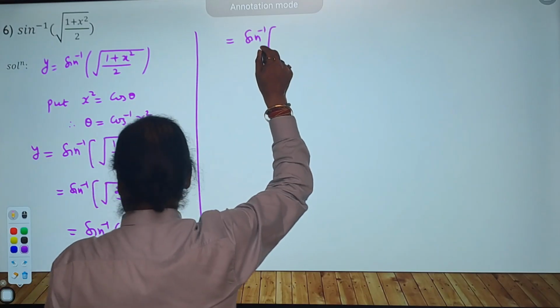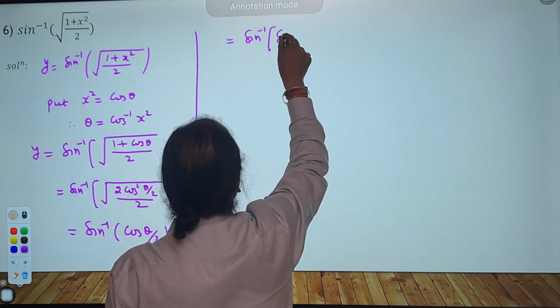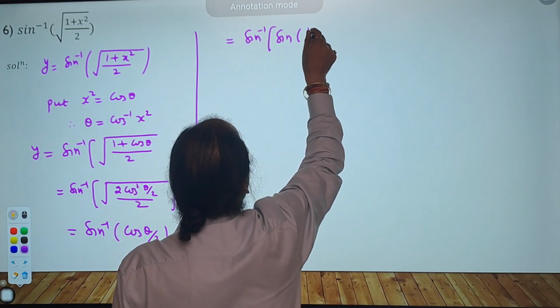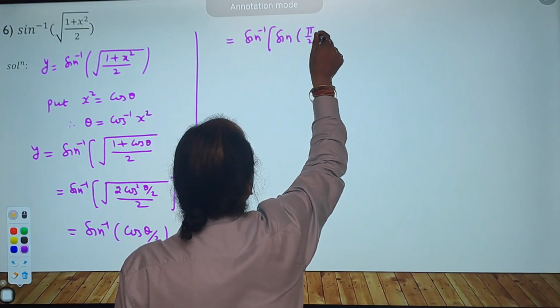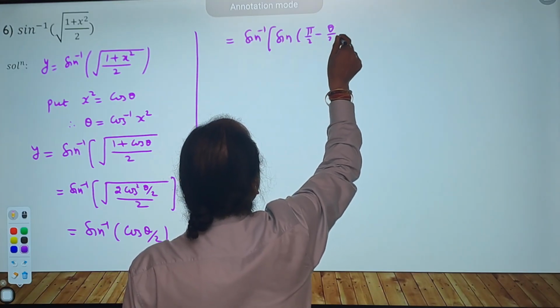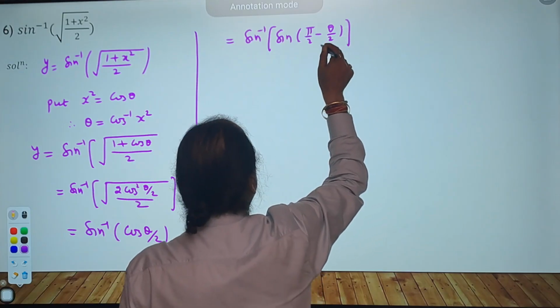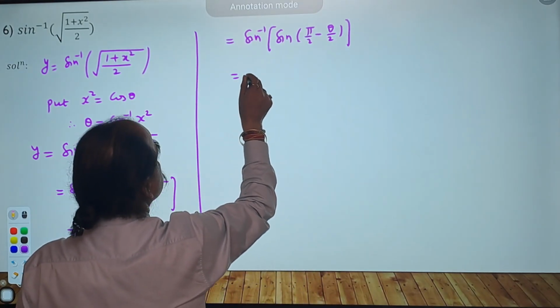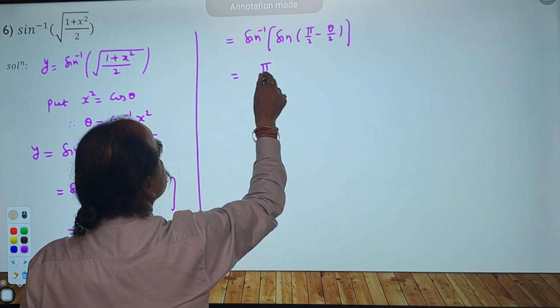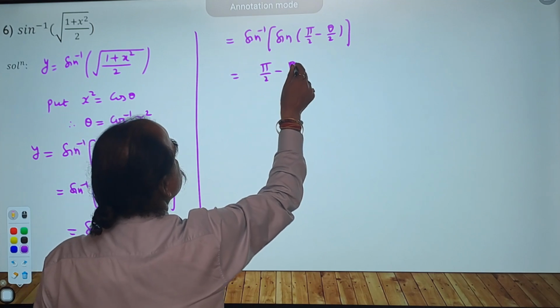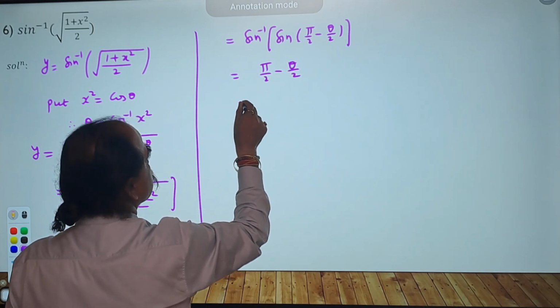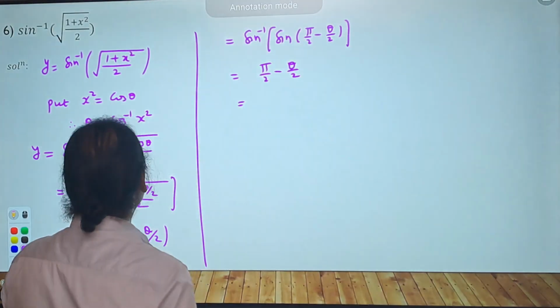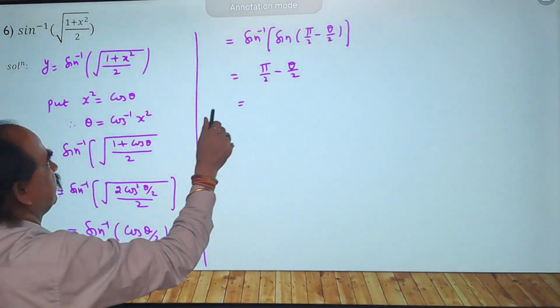Sin inverse cos can be written as sin inverse sin pi by 2 minus theta by 2. Pi by 2 minus theta by 2, and theta is what? Cos inverse x.